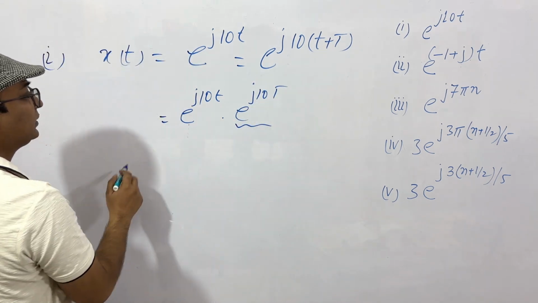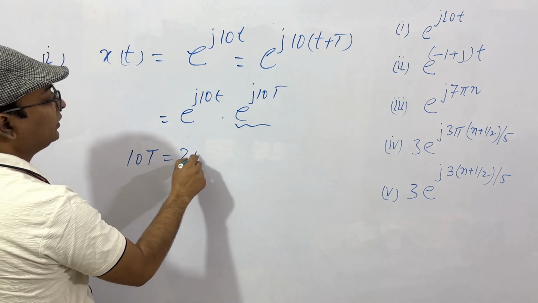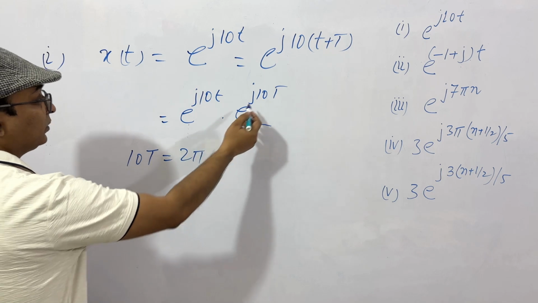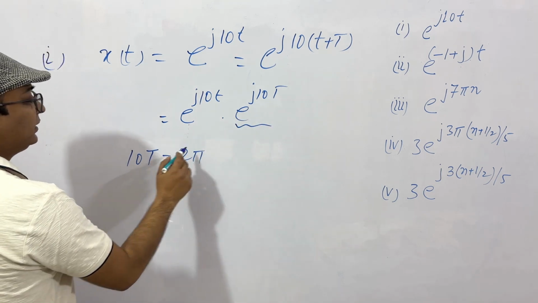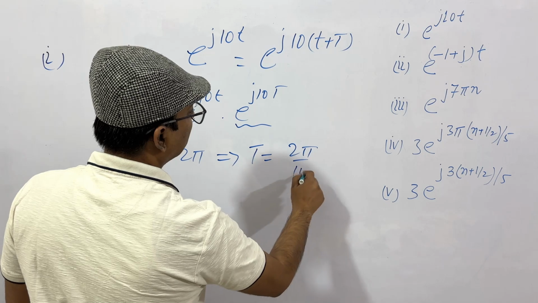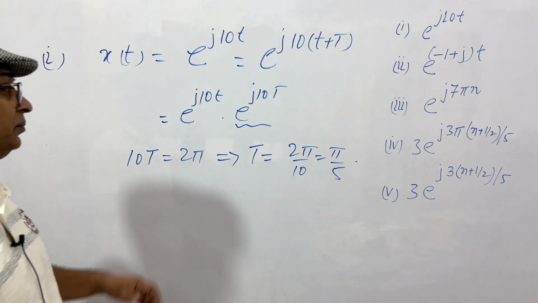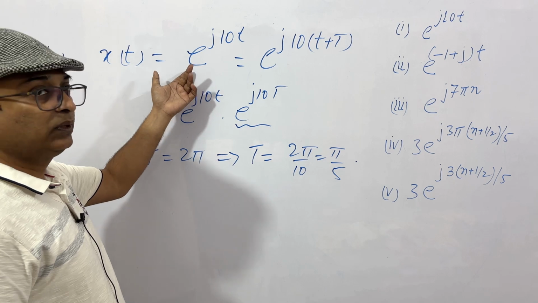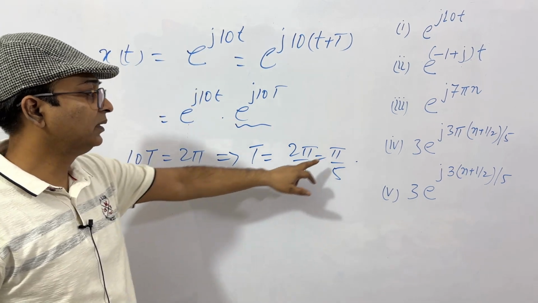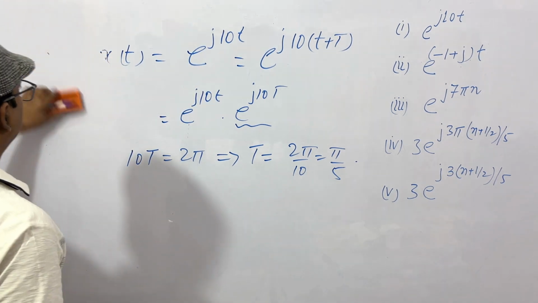We know this is equal to 1 when this particular value is equal to 2 pi. So 10T is equal to 2 pi. From here you get T is equal to 2 pi by 10, that is pi by 5. Looking at this only, it is an exponential signal. So this signal is periodic and the fundamental time period is pi by 5.